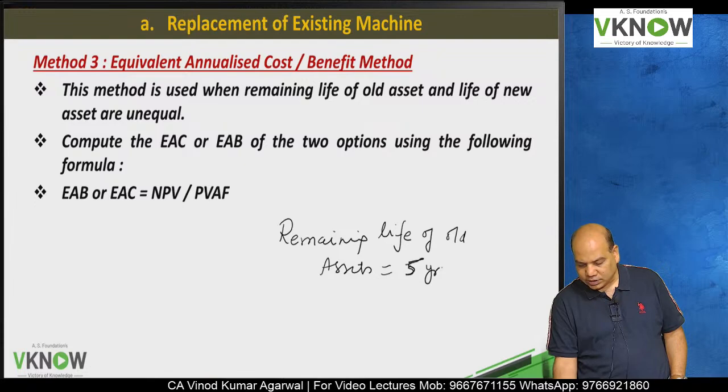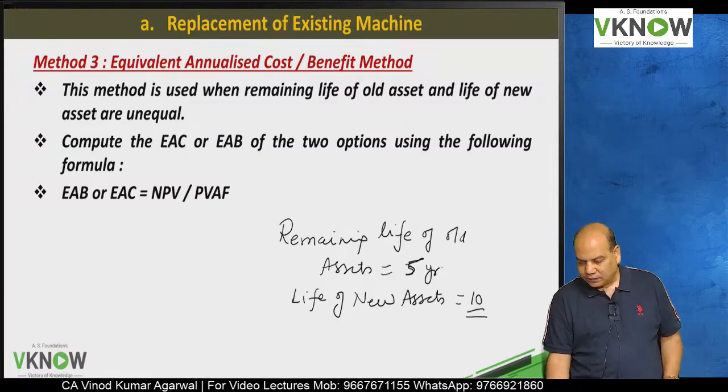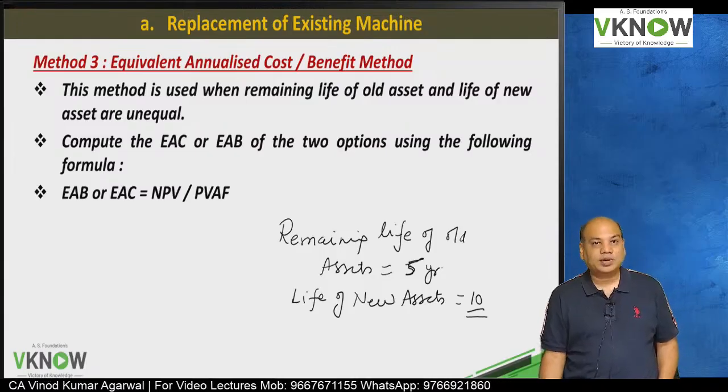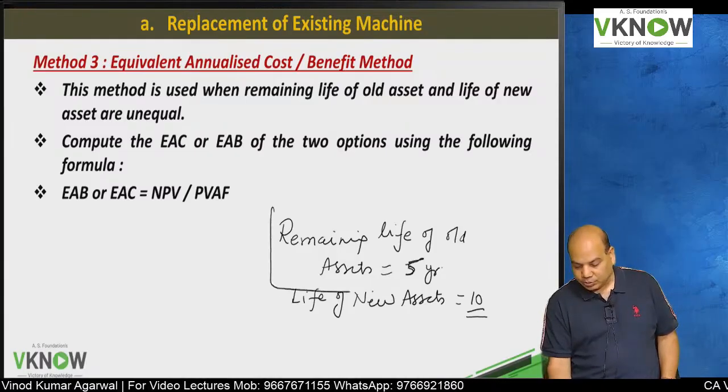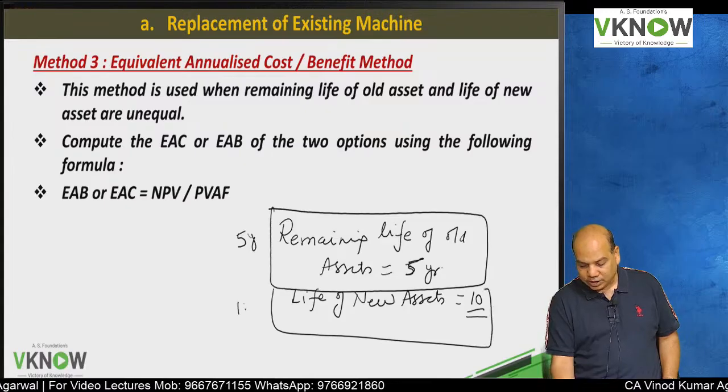Remaining life of the old asset is 5 years. Life of new asset is 10 years. If I compute the NPV, they are not comparable. If I compute NPV here, 5 years. If I compute NPV here, I'll take 10 years.